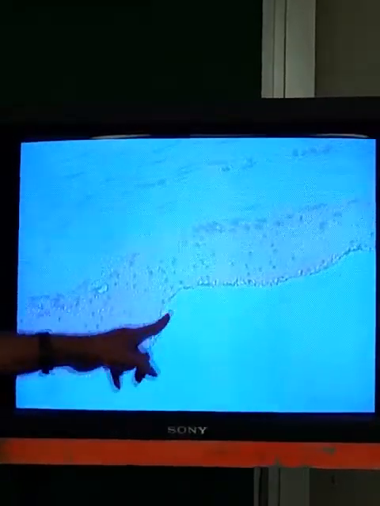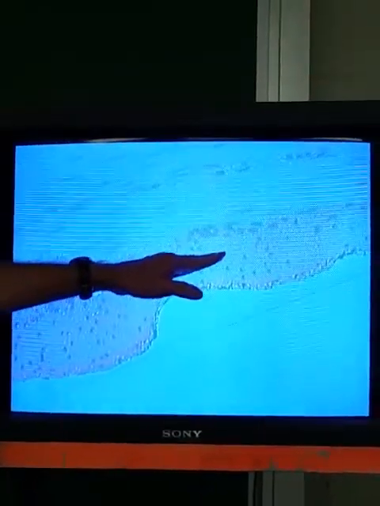A glimpse of our serosa along there. Here's the longitudinal layer, circular layer. And there's a little bit of Auerbach's plexus in here. It shows better than in the other slides.